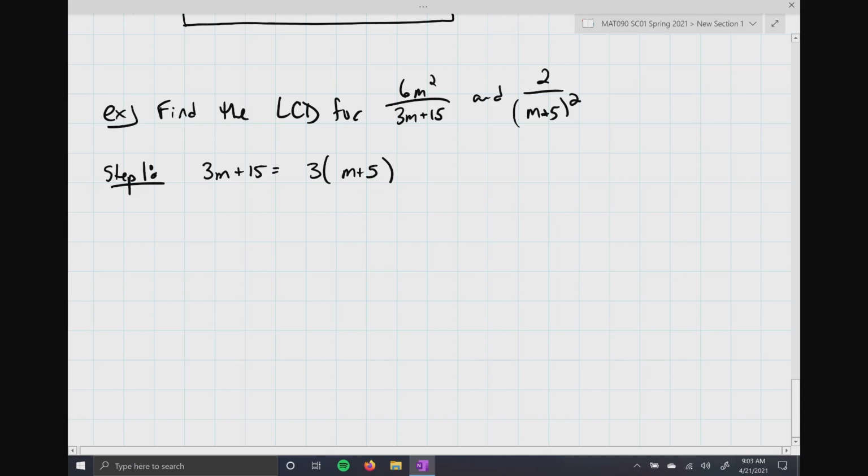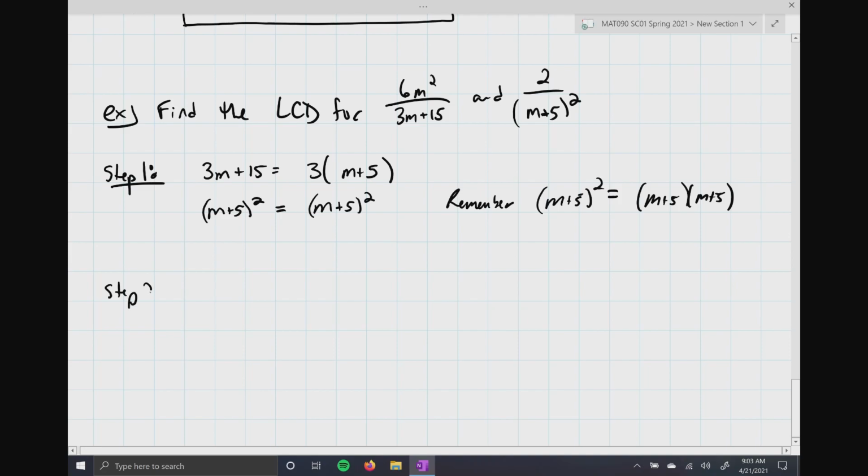Now the second denominator, m plus 5 to the second. It's already factored. It's just m plus 5 to the second. Remember, m plus 5 to the second means m plus 5 times m plus 5. Now, step 2. The LCD is going to equal the product of unique factors.